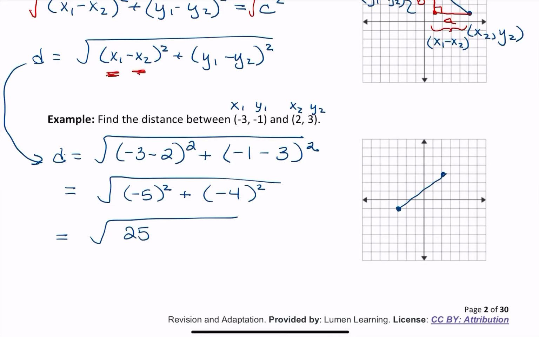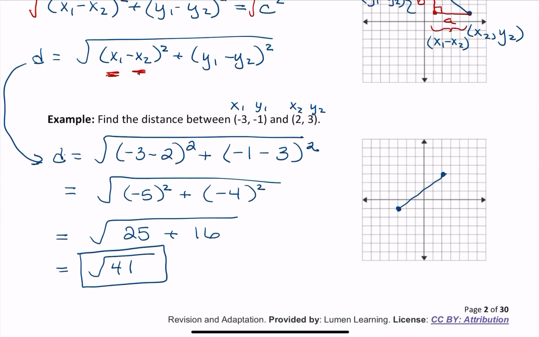So don't always trust your calculator, because a lot of times if you enter it wrong, it'll give you the wrong answer. So (-4) squared is going to be positive 16, which gives us the square root of 41. Now 41 is not a perfect square, so I'm going to keep that as my answer.